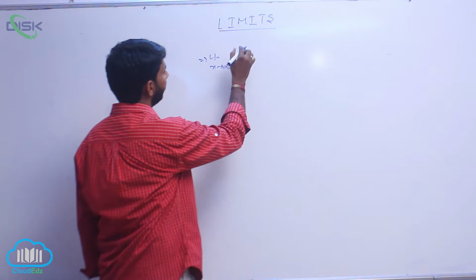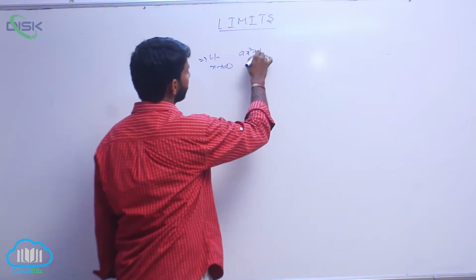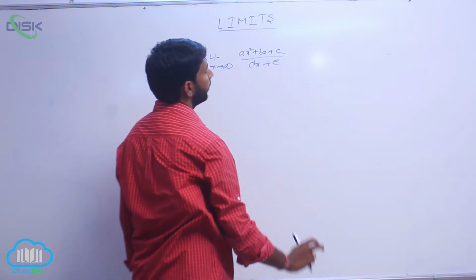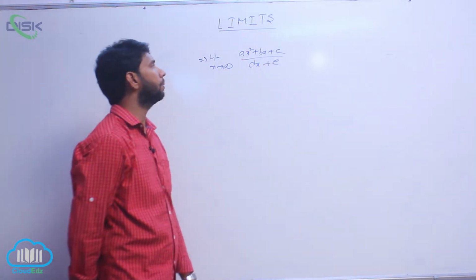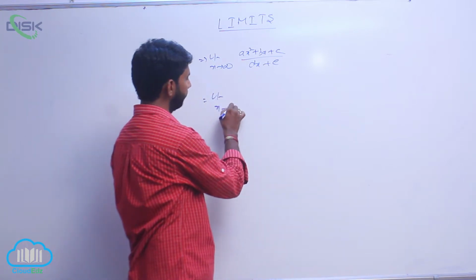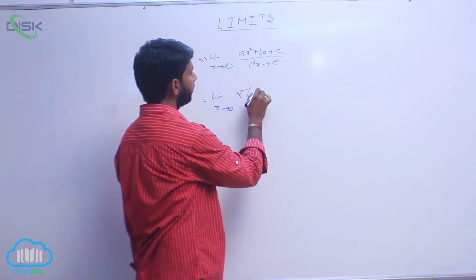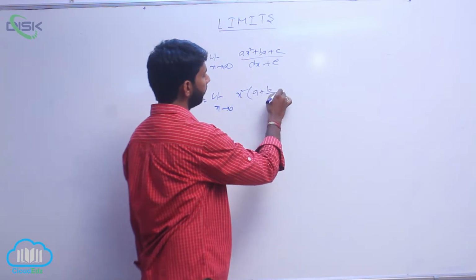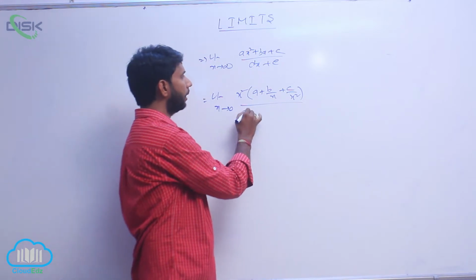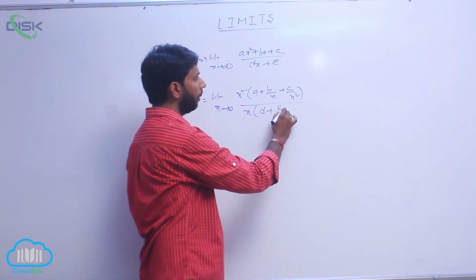Limit x tends to infinity, ax square plus bx plus c by dx plus e. In the numerator x square is common and in the denominator x is common, that is a plus b by x plus c by x square, and in the denominator x of d plus e by x.